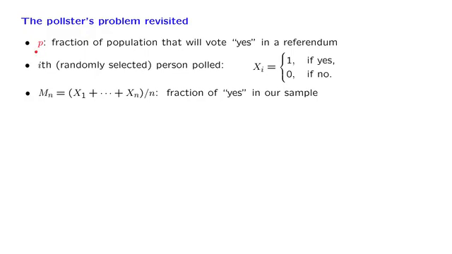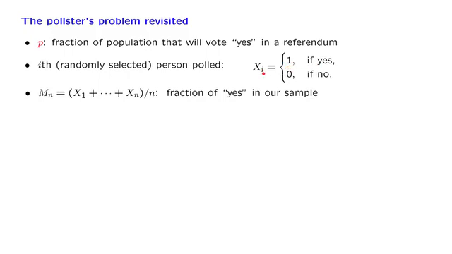Let us remind ourselves of the setting. We want to estimate a certain number p, which is the fraction of a population that will vote yes in a certain referendum. And we estimate p by picking a sample out of the population. We pick n people, we pick them randomly, uniformly over the population and independently, and for each one of the people in the sample, we ask them if they will vote yes or no, and we record their answers in Bernoulli random variables Xi.